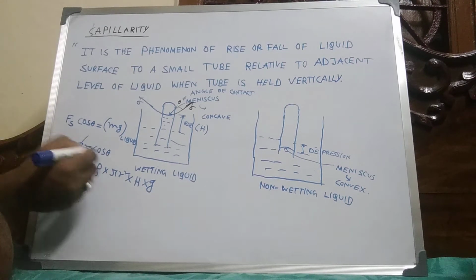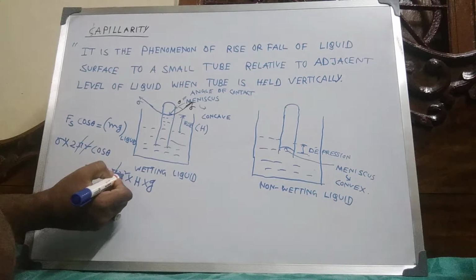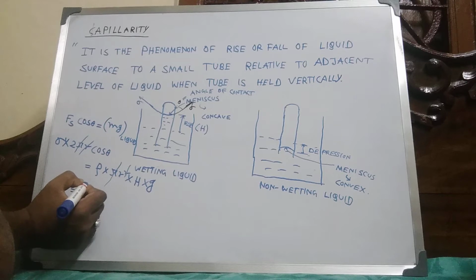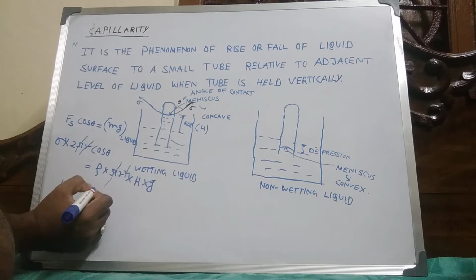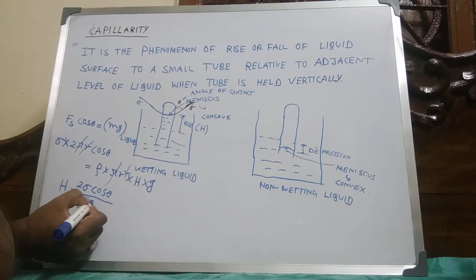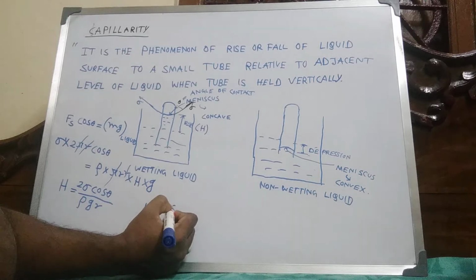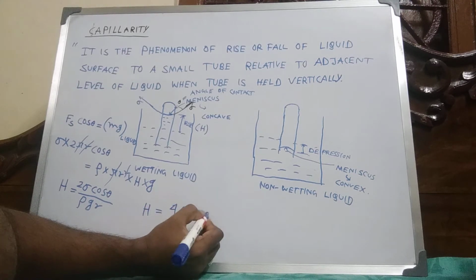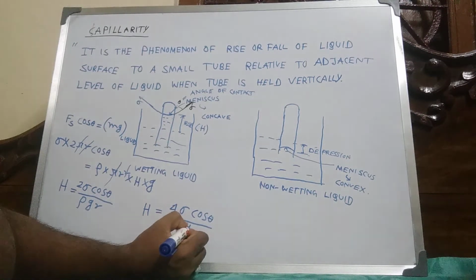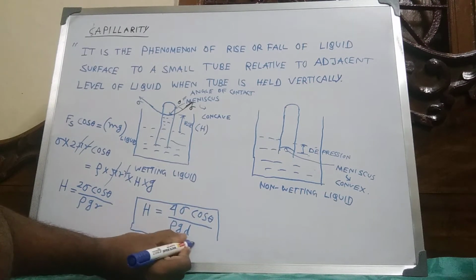Now pi cancels out and r. So capillary rise h equals 2 sigma cos theta by rho g r. So h equals 4 sigma cos theta by rho g d. This is the capillary rise.